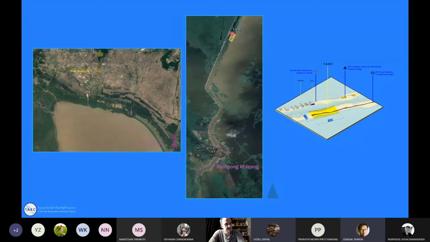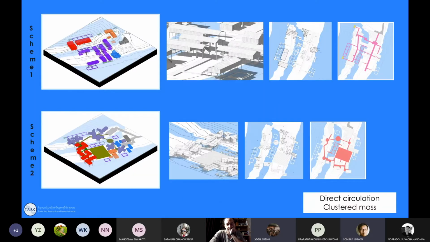The location of my project is in the Kampong Kliang village, which is a floating village, roughly 50 kilometers away from Siem Reap city.